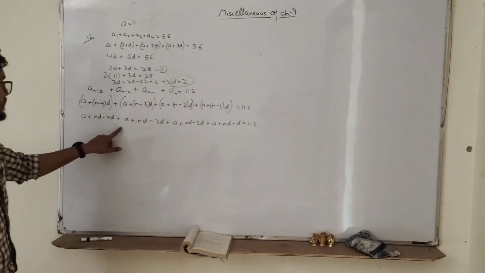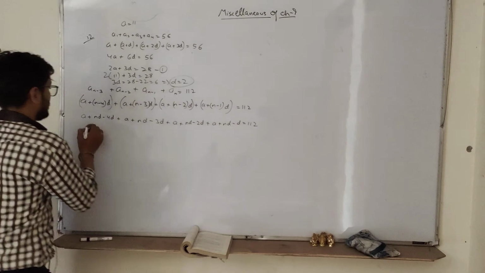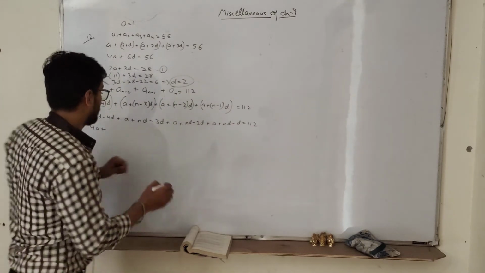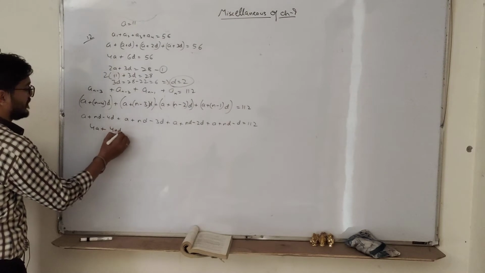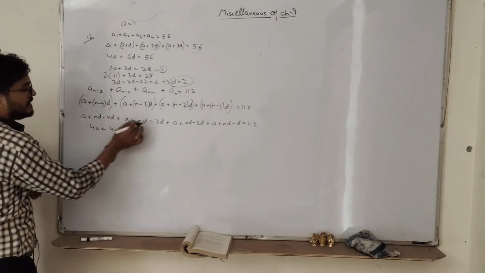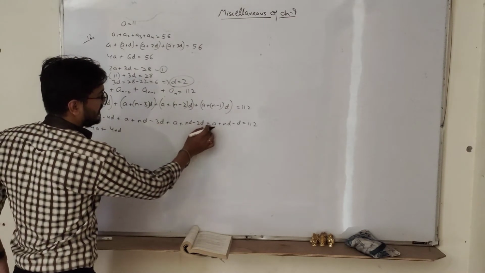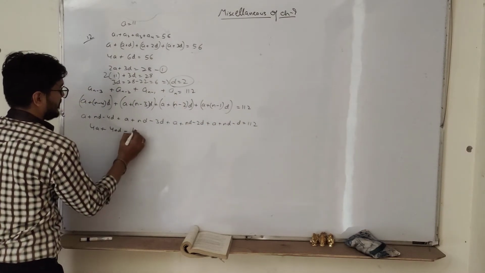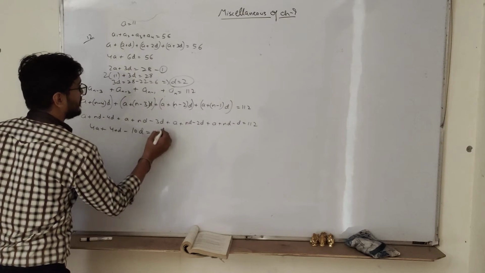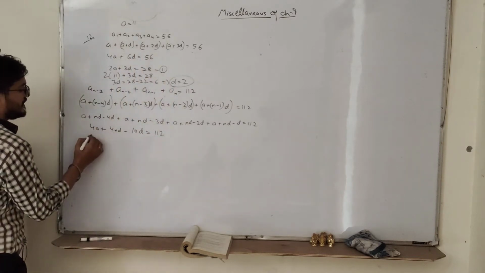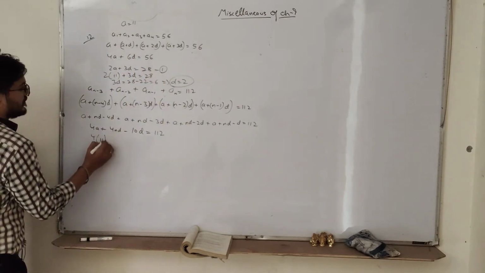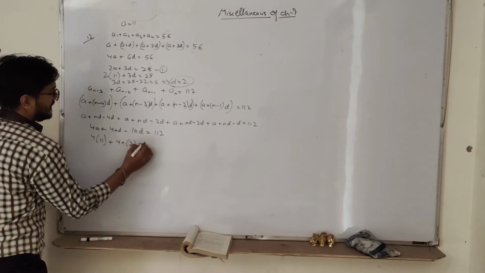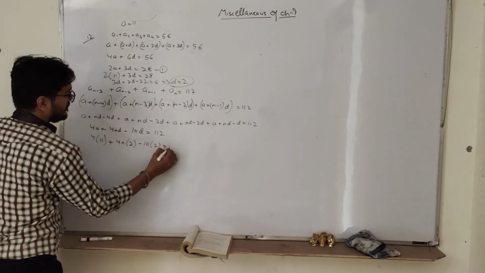So 4a plus 4nd minus 4d, 7d, 9d, 10d, so minus 10d is equal to 112. Now put the value of a and d. A is 11, so 4 times 11 plus n times 4 times d, where d is 2, minus 10 times 2 is equal to 112.